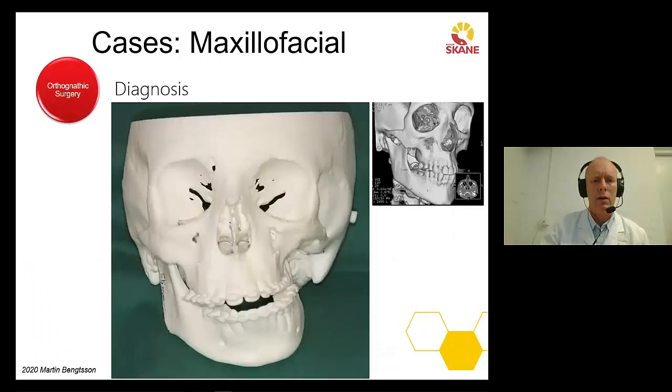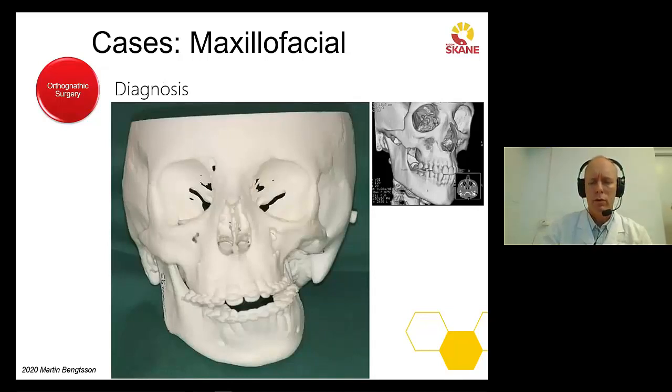Firstly, we facilitate the diagnosis with 3D printing from a CT scan. As you can see in this picture, it's a patient suffering from a condition called hemifacial microsomia. There is a severe asymmetric appearance, and it is affected on the left side.